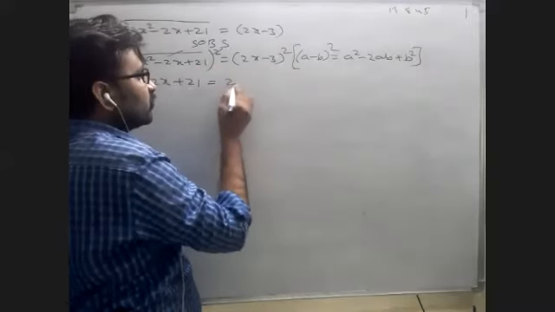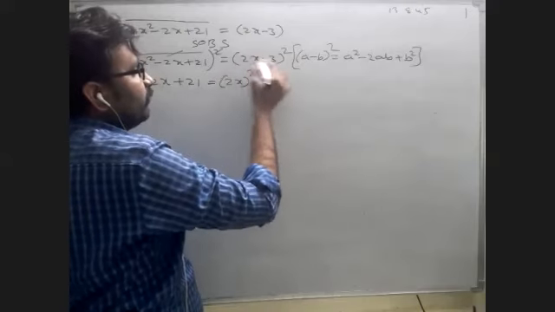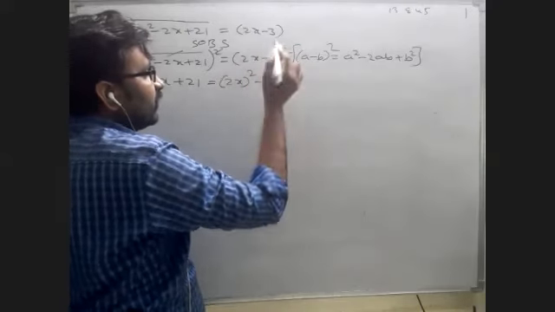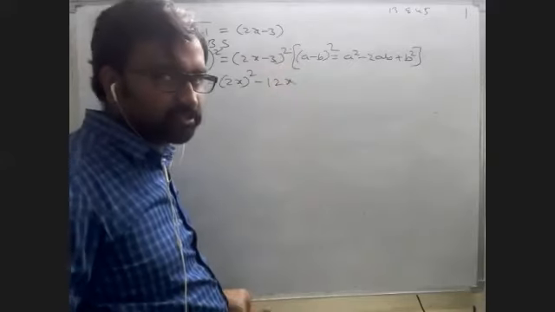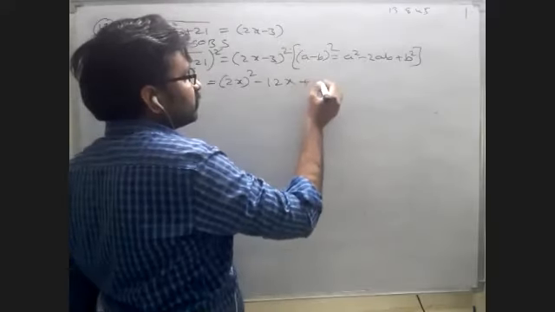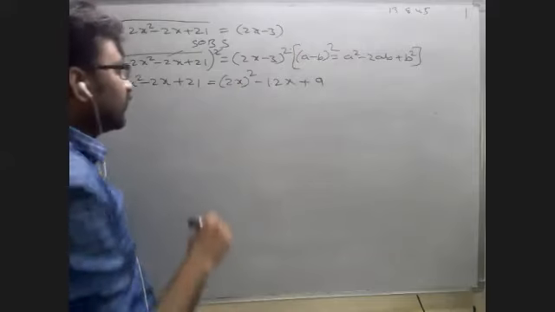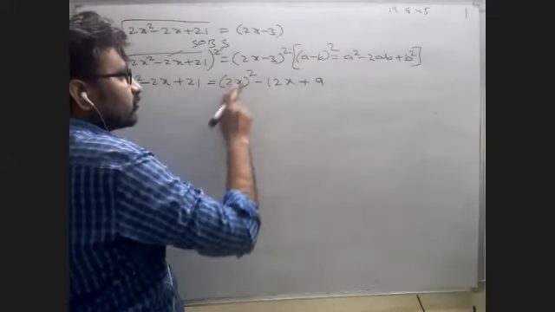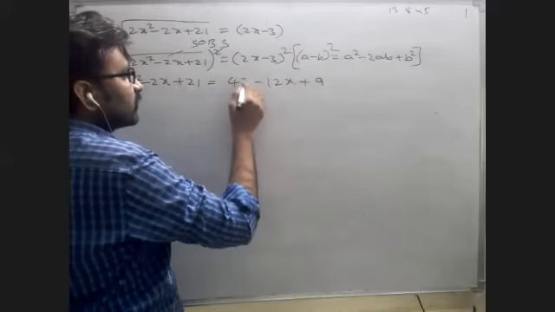A square means 2x whole square, minus 2ab, 2 4s are 8... 2 2s are 4, 4 3s are 12, into x. Understood this one? 2ab. Yes, sir. Next plus b square, 3 square 9. This is 2x whole square, right? 2x whole square will be 2 square x square, that will be 2 square is 4x square.